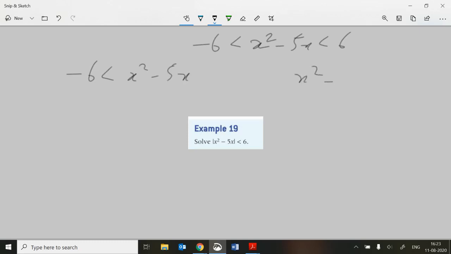Okay, so we've got x squared minus 5x less than 6 here. So bring everything to one side. Preferably make x squared positive, just makes the factorization easier. Okay, and there we go.